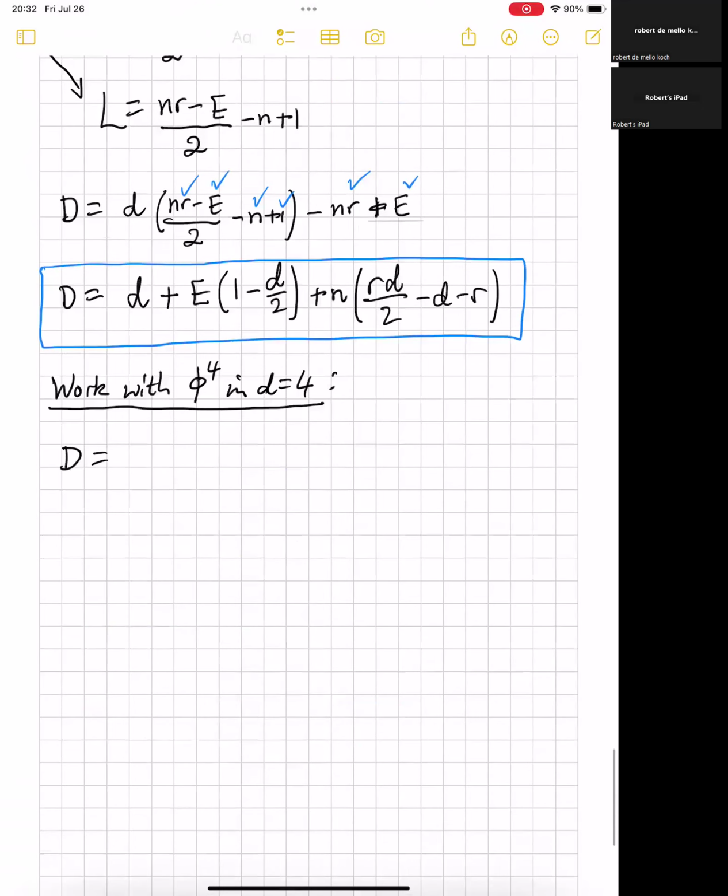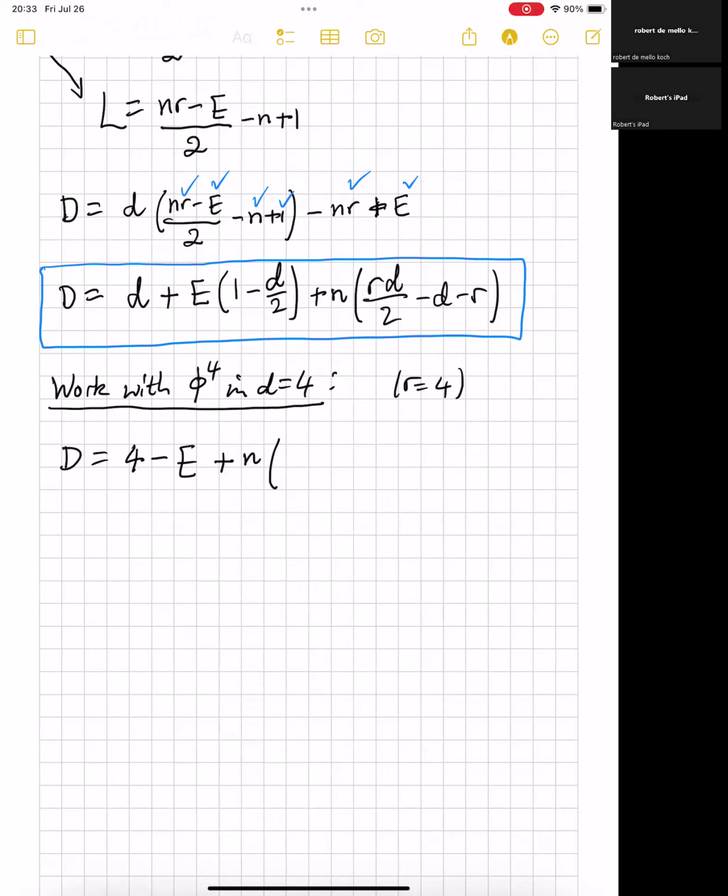So D is equal to 4 minus E plus N times, so d is 4, 1 minus 4 over 2 is 1 minus 2, that makes it minus E, plus N times R times d. So if it's phi to the 4, R is 4. So R times d, this is 4 times 4 divided by 2, which is 8.